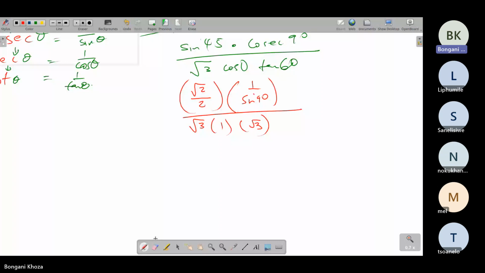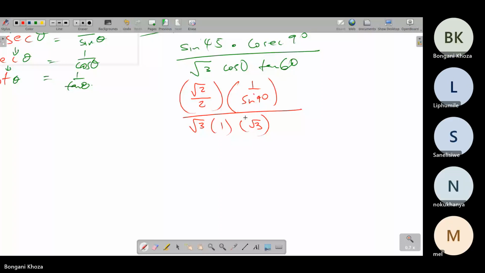If you punch in 1 over sine 90, what do you get? Is it a 0 or a 1? It's a 1. All right, I thought this was going to be a 0.